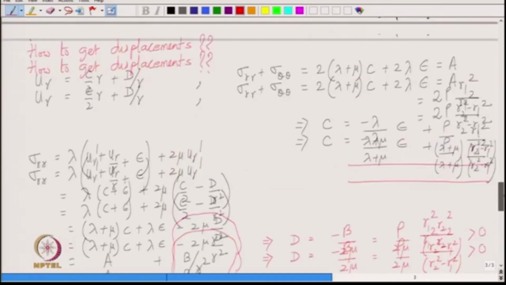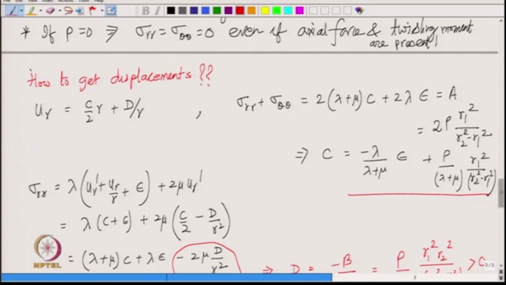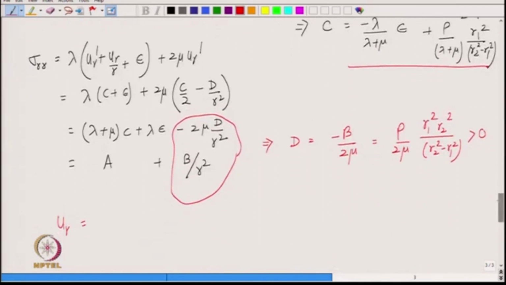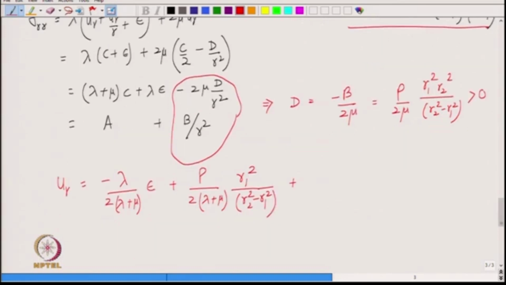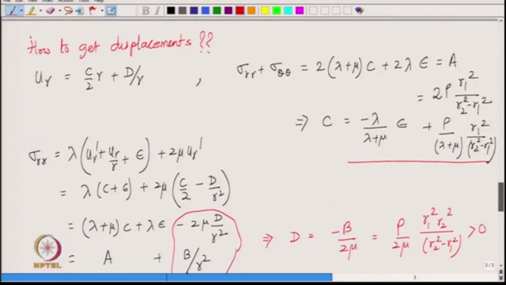equal to c by 2 r plus d by r. So, c by 2 r would be minus lambda over 2 times lambda plus mu into epsilon plus p over 2 times lambda plus mu into r 1 square over r 2 square minus r 1 square, okay, plus d by r, is not it, c by 2 r plus d by r.